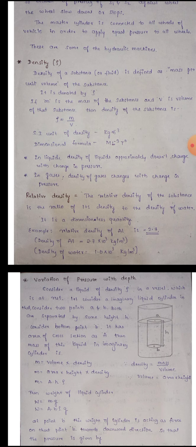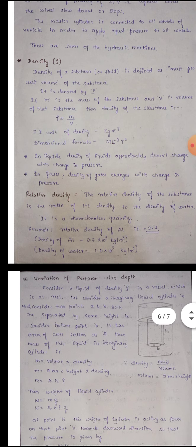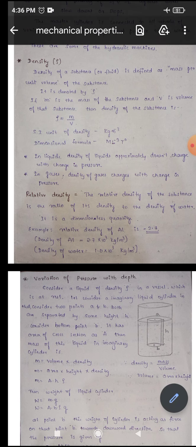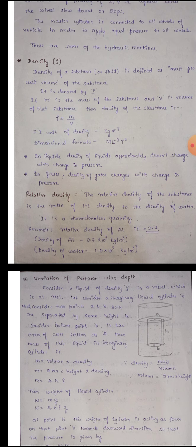As they are incompressible, when we apply certain pressure on the liquid, the volume remains as it is. Since density depends on mass and volume, and the volume remains the same, the density will not change in the case of liquids.